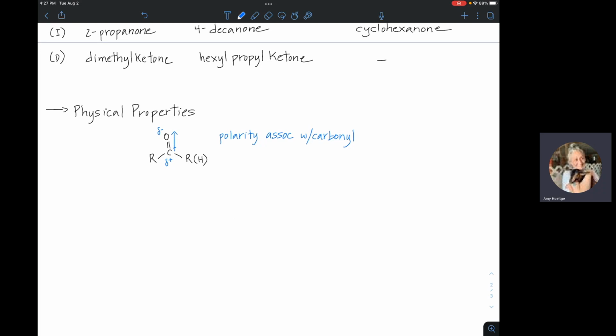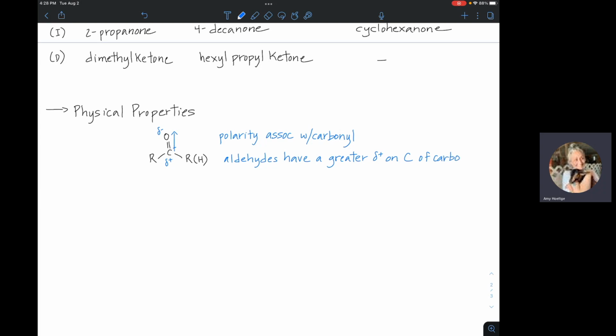So aldehydes, in general, of course it depends on the rest of the structure, have a greater partial positive charge on the carbon of the carbonyl.